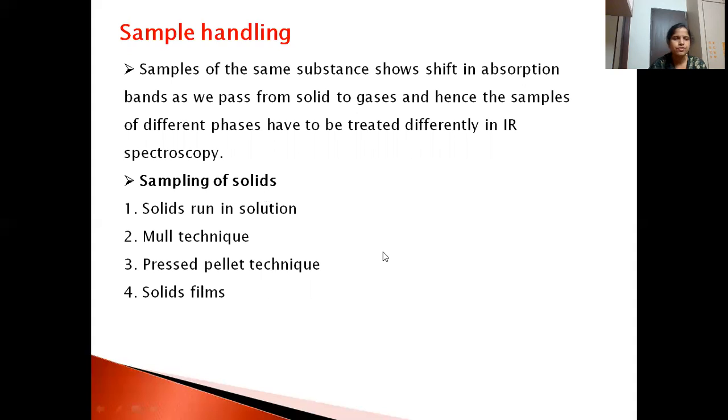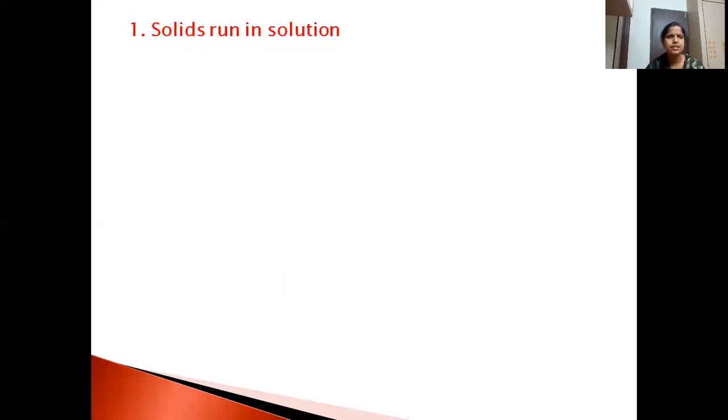We have four different types: solids run in solution, mull technique, pressed pellet technique, and solid film. First, solid run in solution.